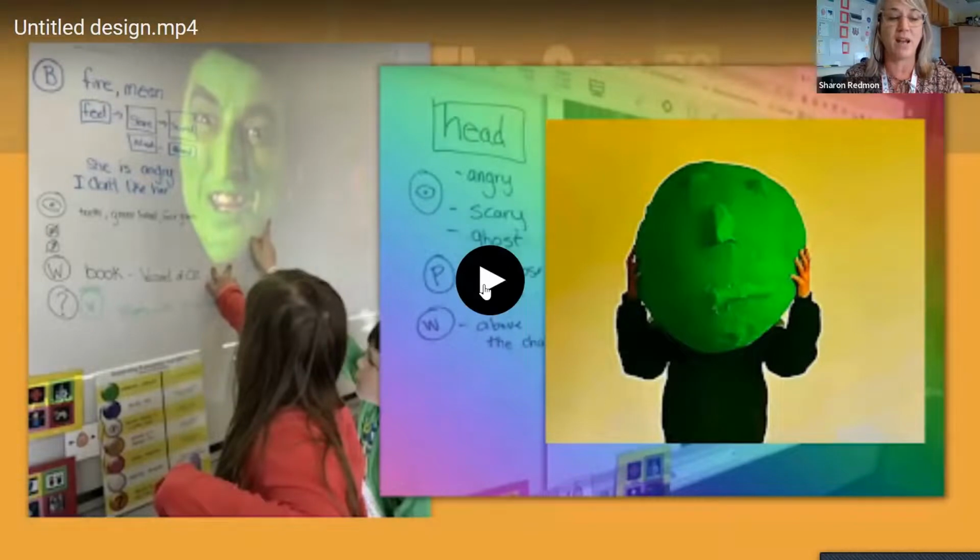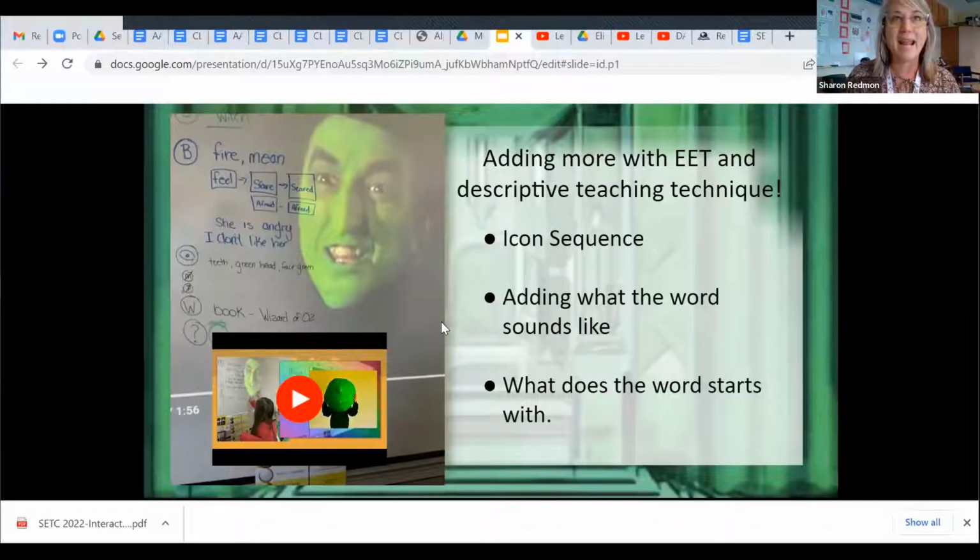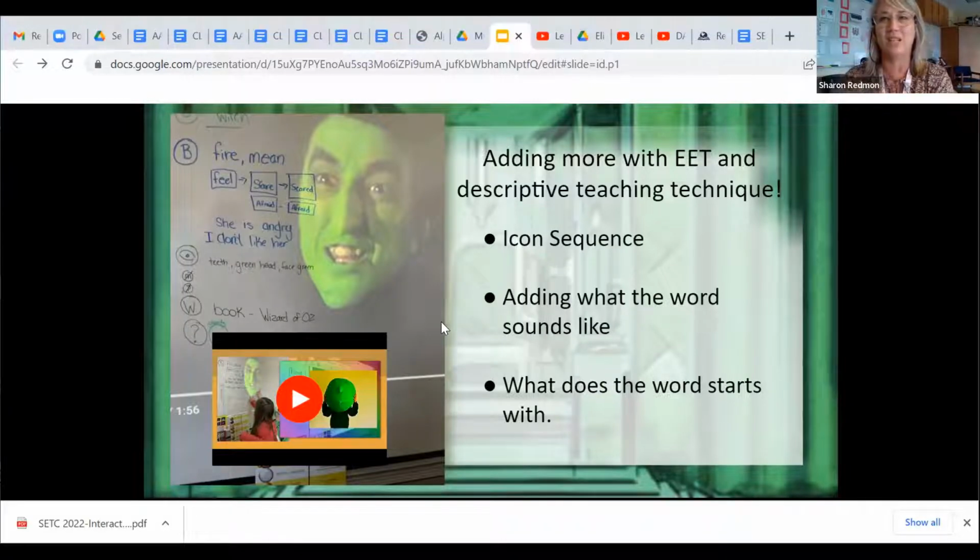So super fun to be able to bring in not just the anchor text, not just the EET tool, not just the descriptive teaching, but also now hands-on and really rich experiences that also brought more vocabulary.